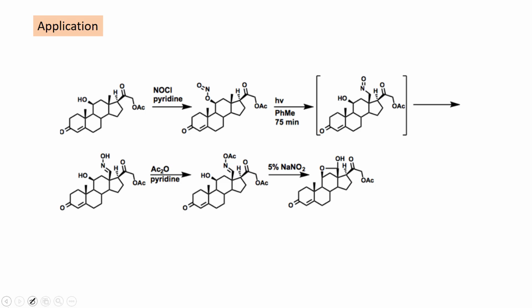So here you can see a steroid compound is given. In this one there is a wedge. After that they are adding NOCl, forming this nitrite form of this ONO. Then if we are applying a photochemical condition, what will happen?